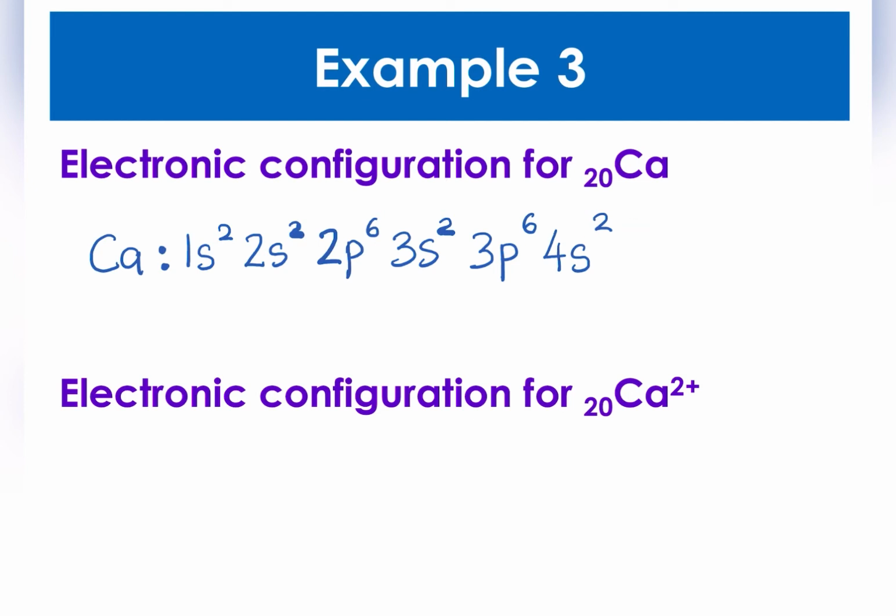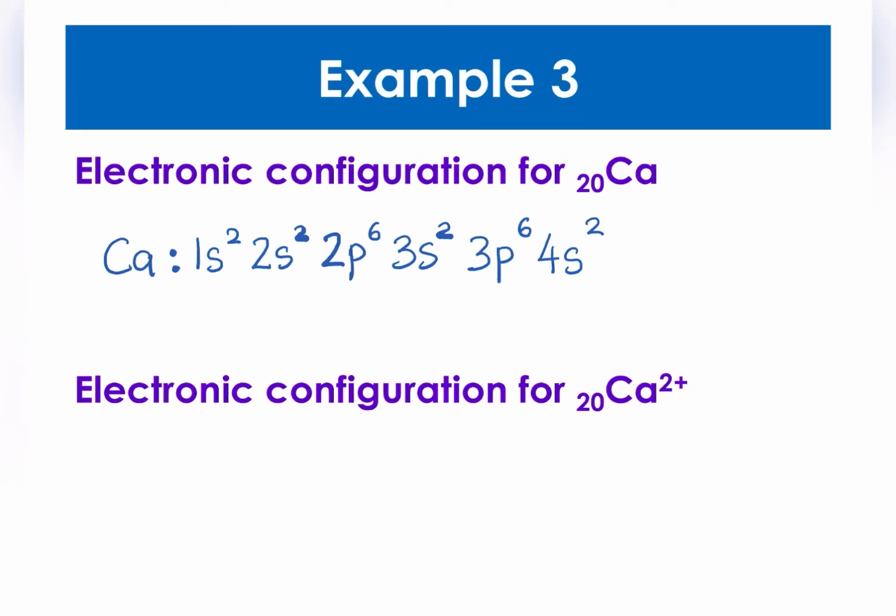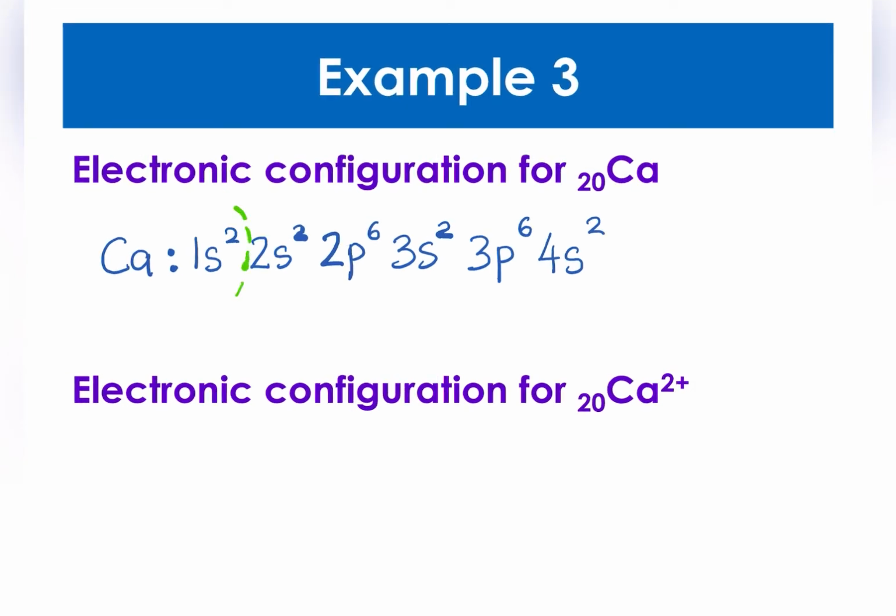So right now, I'm going to write the electronic configuration for Ca2+, where 2 electrons are being removed from the valence shell. So from here, you can see that n equals 1, and then here n equals 2, here n equals 3, and here n equals 4. So semakin tinggi nilai n, semakin tinggi energy level, and this is going to be the outermost shell.